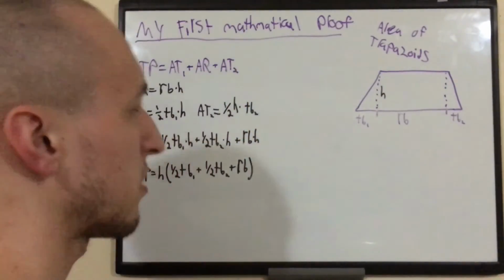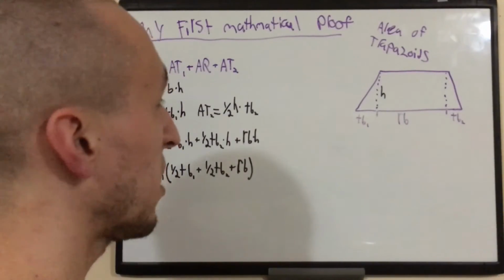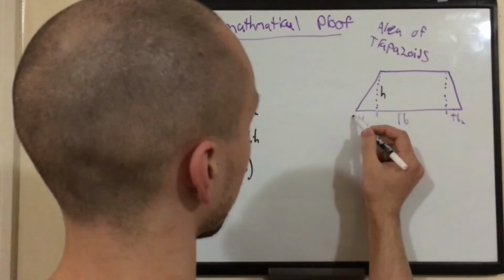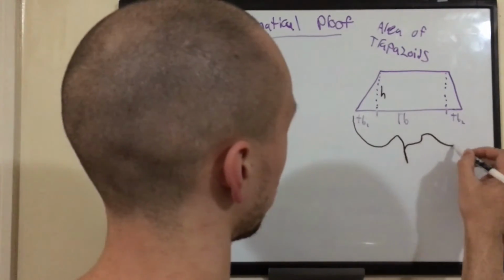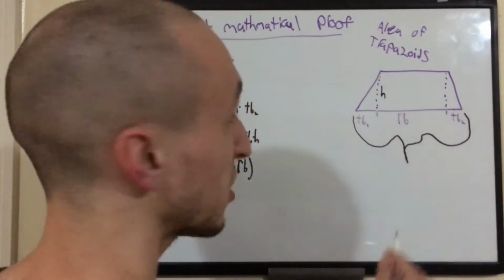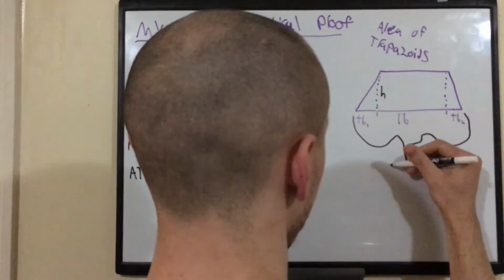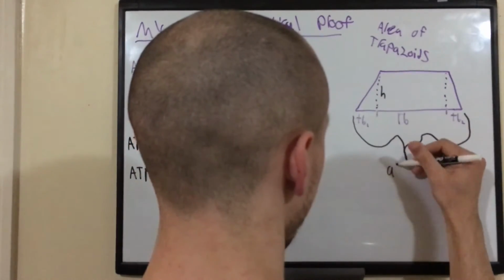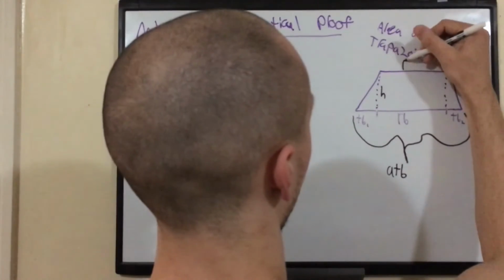All right. So what if I say this entire length here, bear with me, I'm going to call that ATB. Excellent. I'm going to still call this one up here RB.